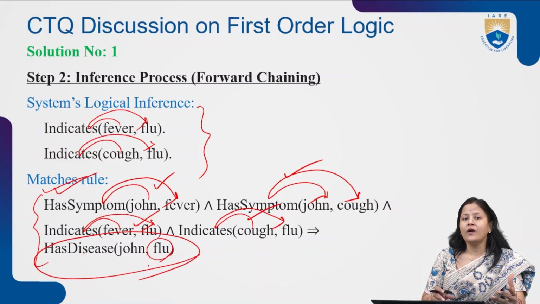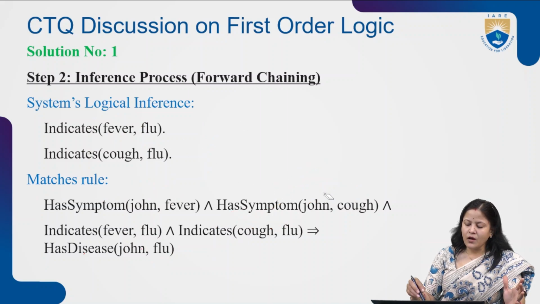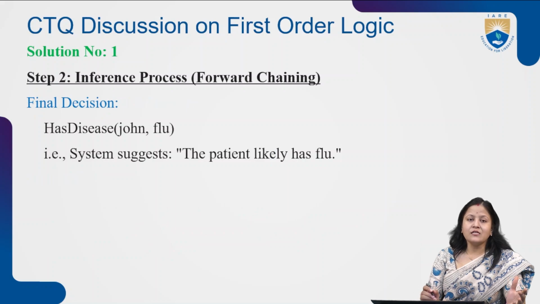This is the way the machine derives what type of problem he is suffering from. That is called the inference mechanism, and here the inference mechanism is forward chaining. So the final decision given by the machine is that John has flu. I mean, it suggests the patient likely has flu.